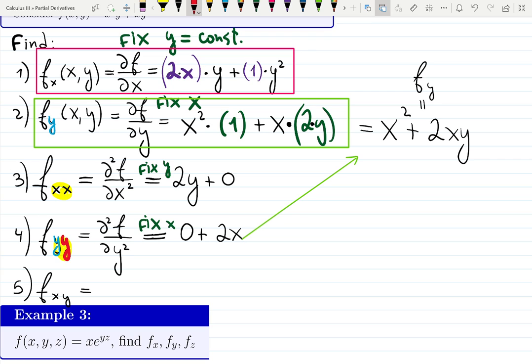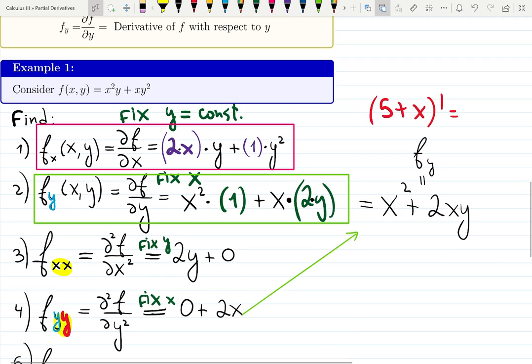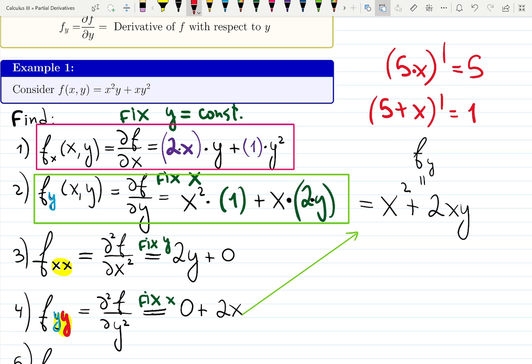How about that? Yes. So if they're both constants, then why are we only keeping the 2x? Oh, good question. Remember, derivative of 5 plus x prime is 1, while 5 times x prime is 5. Remember that? So if 5 is multiplied by x, it's called a rate. 5, like a sticker, sticks to the variable.